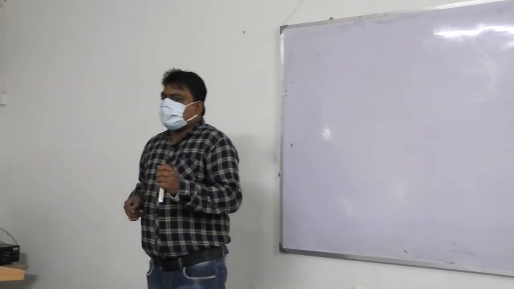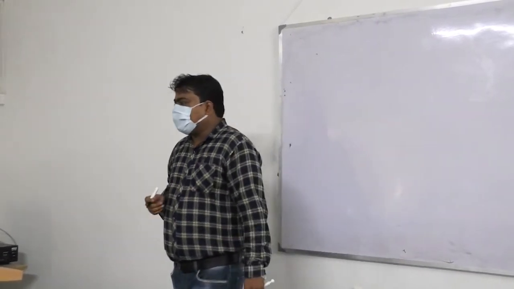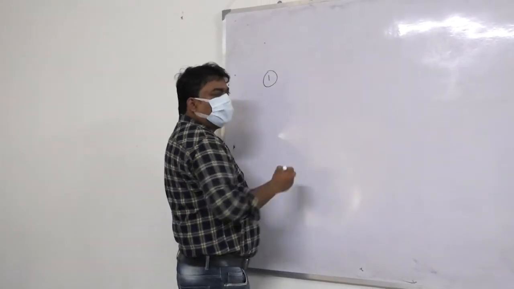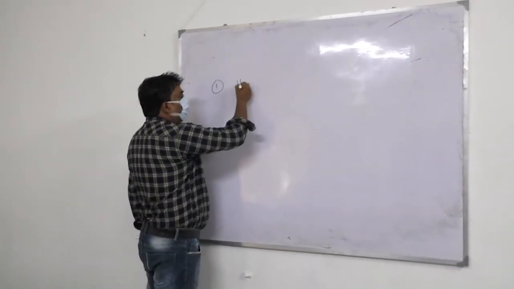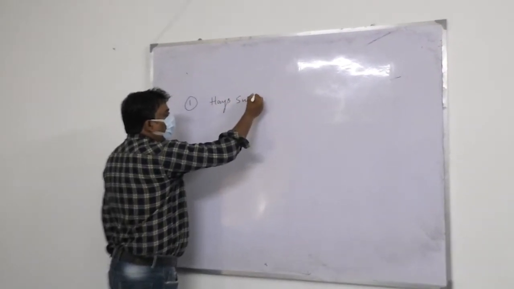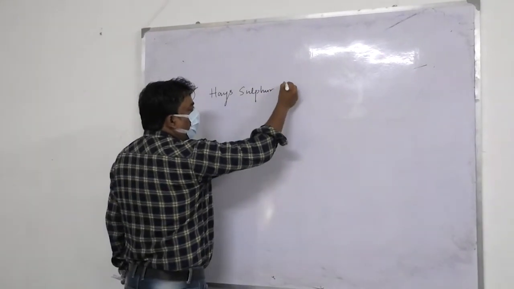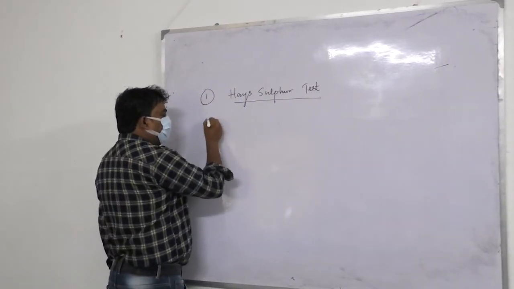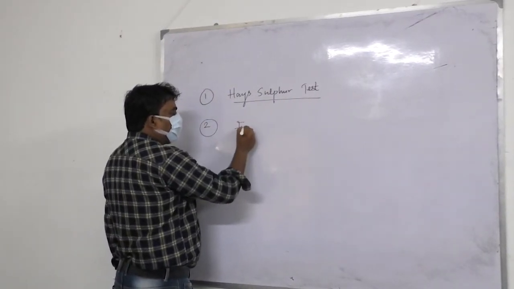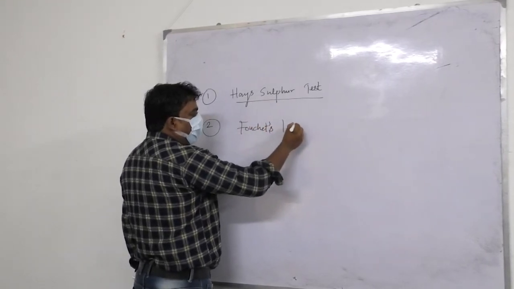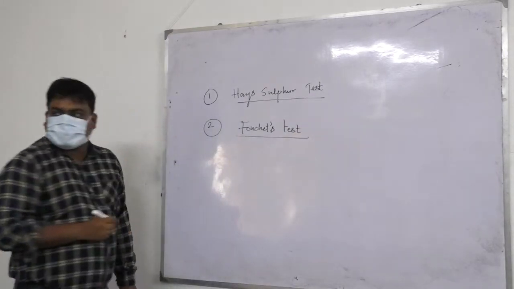Today we perform two tests of abnormal urine analysis, which you have already written in your copy. The first one is the Hay's sulfur test, and the second one is the Fouchet's test.